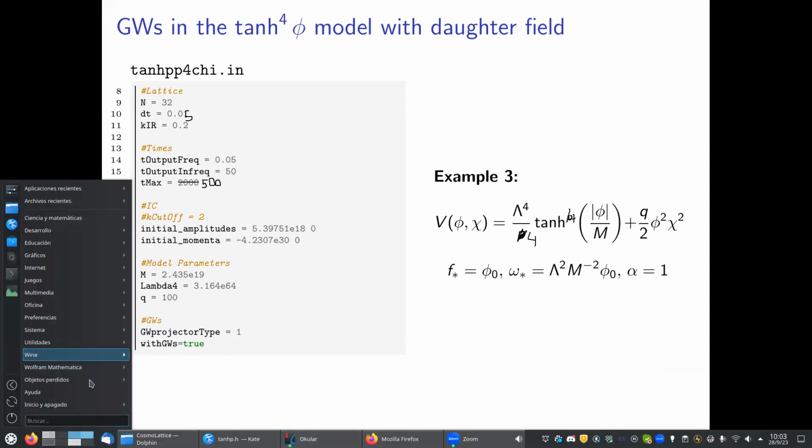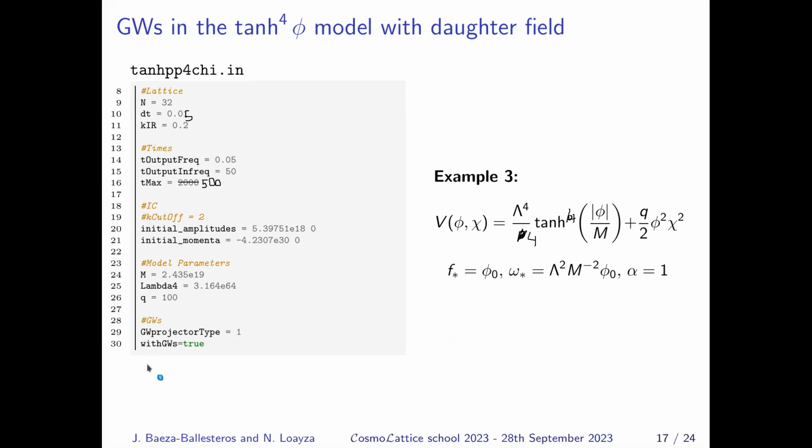So in that sense, we are simulating gravity in a passive manner. We take the source, which is the dynamics of the scalar fields, gauge fields, whatever you have, and then we obtain the gravitational wave background, okay? But there is no back reaction of that background into the expansion of the universe or the matter field dynamics.